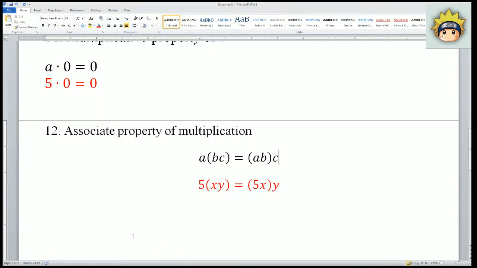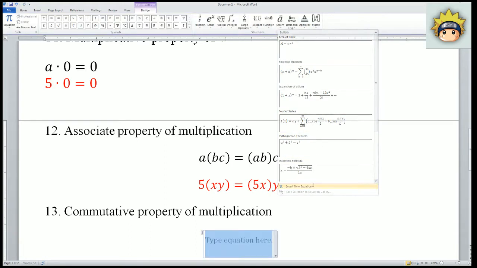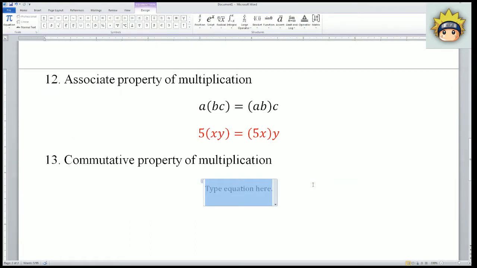Next, 13. 13 is our commutative property. The commutative property behaves the same as the associative, but there is no parentheses. Let me repeat that. There is no parentheses in the commutative property. Let me show you the example. A times B times C is equal to C times B times A, or C A B. I just rearranged it.